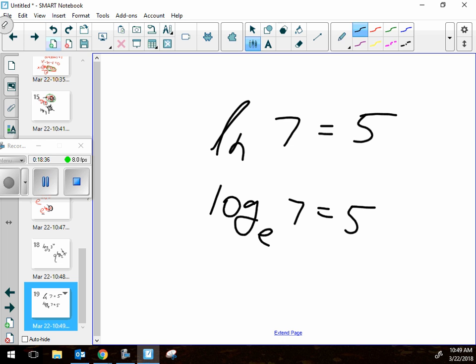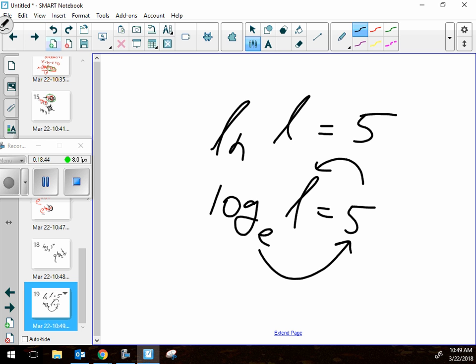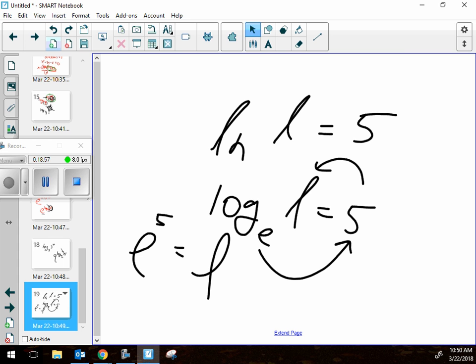And actually, we better make this like an L or something. Why? Because then I can actually write an equation. e to the 5th is equal to L. And e isn't a variable. e's a number. You've got one on your calculator. It's right above the divide key. 2.718 approximately.